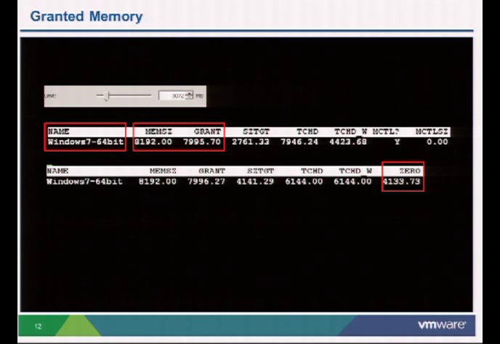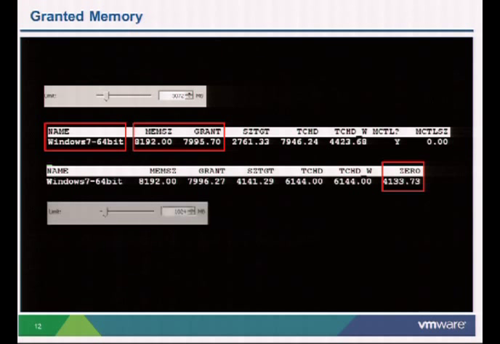So actually, we didn't grant that much memory. I mean, we granted memory to the guest operating system, but the limits were for the consumed memory of the VM, and the consumed memory does not include the zero memory. So what I had to do next was reduce the limit to 1 gigabyte, so that I'm putting a lot more pressure on the memory and my limit is below the consumed memory of the VM.